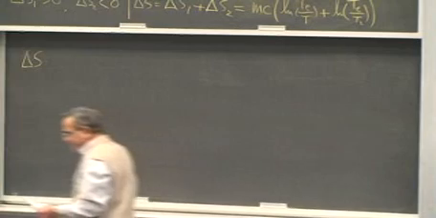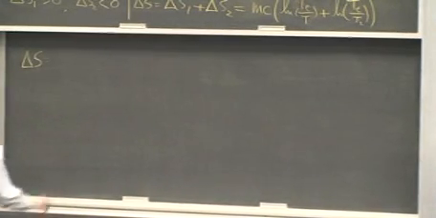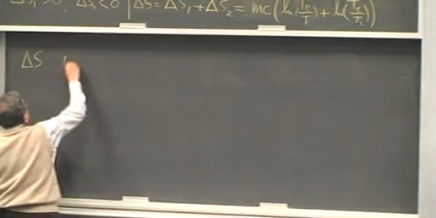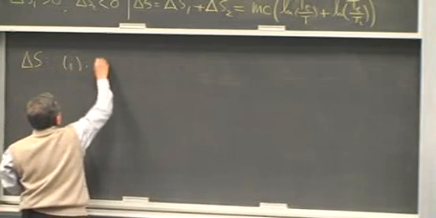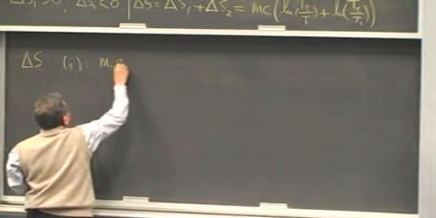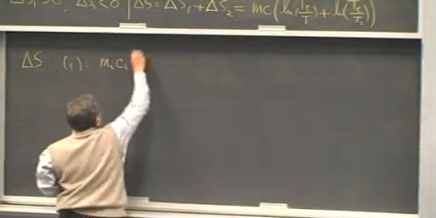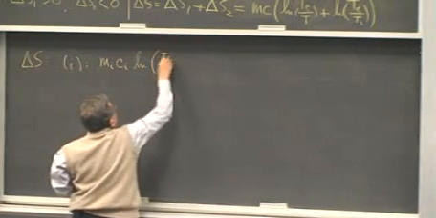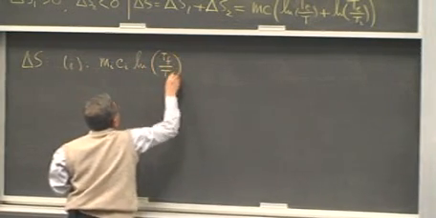Okay? Delta S will have to be, in the first case, m_ice c_ice log of Tf over Ti.